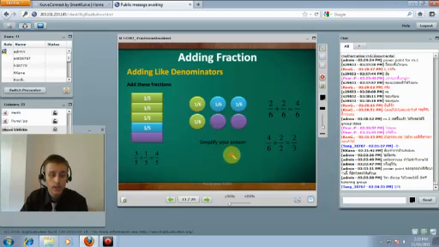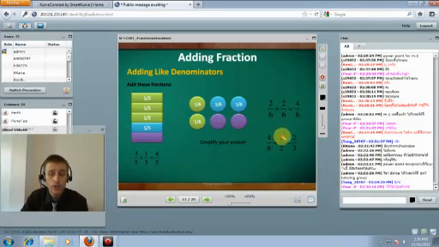Simplify your answer. We want the simplest number, so we want to make sure that both of these numbers cannot be divided by the same number to get a smaller equivalent fraction. 4 over 6. Both the numerator and the denominator can be divided by 2. Which means we have 2 out of 3, 2/3.